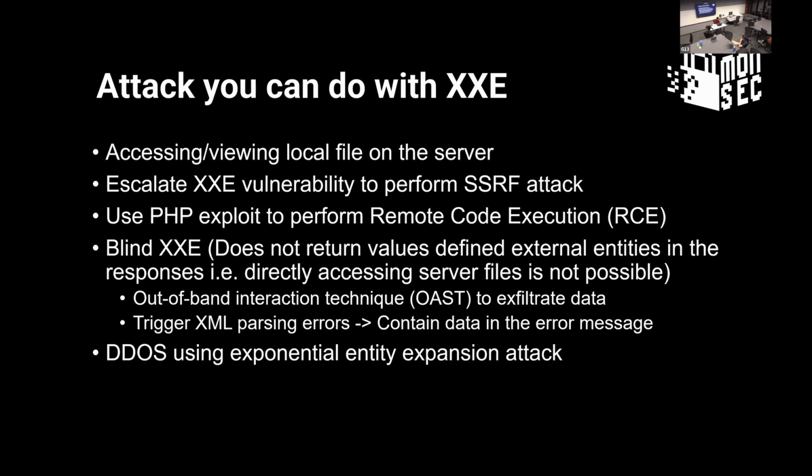One is an out-of-band interaction technique to exfiltrate data, and another is to trigger an XML parsing error, so it returns some kind of error, and you contain the data you're trying to get in the error message. Finally, you can also do a DoS attack with an exponential entity expansion attack. We're going to look at these later on.